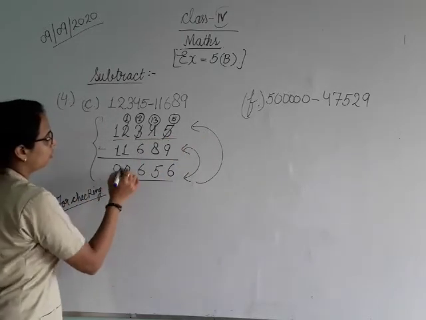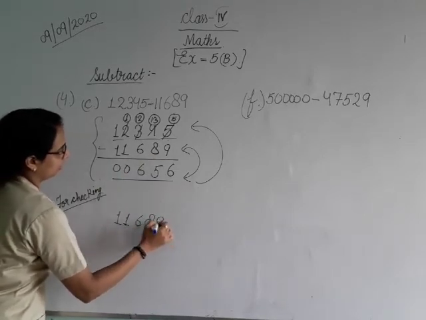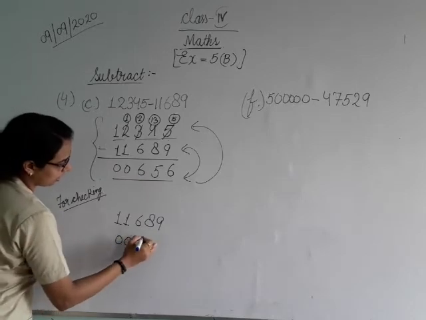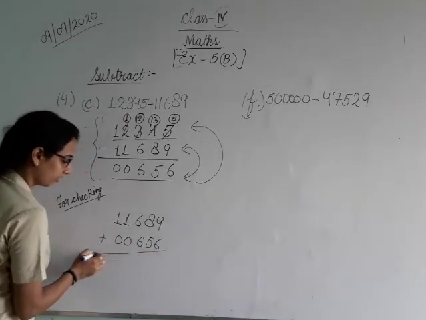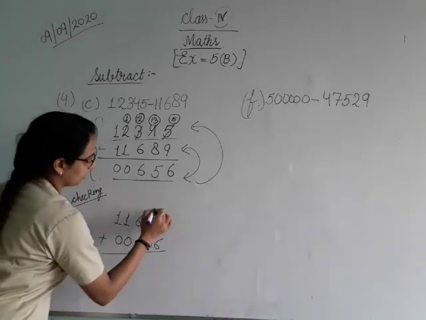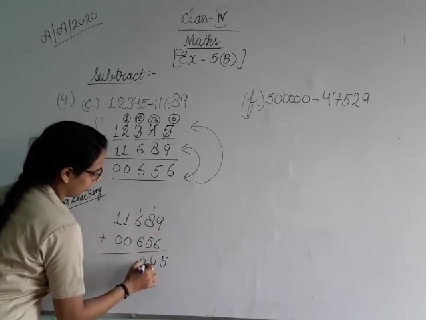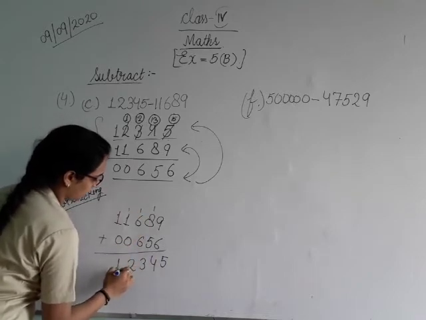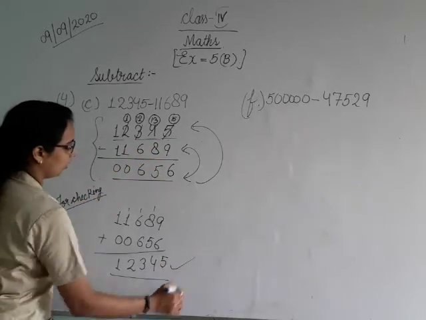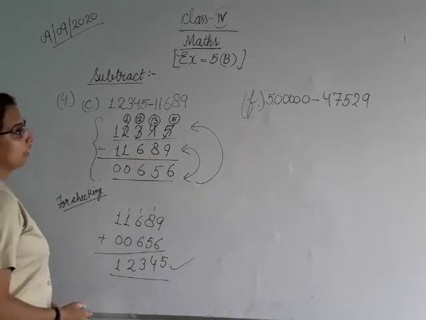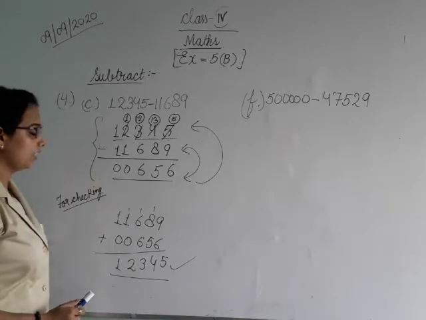So what we have to do: put here 1, 1, 6, 8, 9, then 0, 0, 6, 5, 6, and then we have to add. 9 plus 6, 15. 9 plus 5, 14. 13, 2 and 1. 1, 2, 3, 4, 5. 1, 2, 3, 4, 5. That means our answer is correct. So this is the way of checking. If you want to check our answer after finding the difference, then this is the correct way.